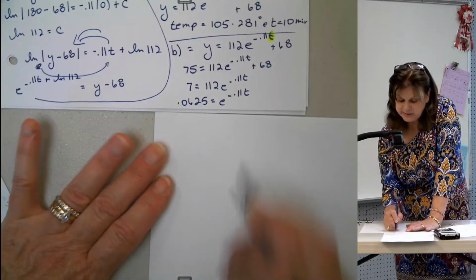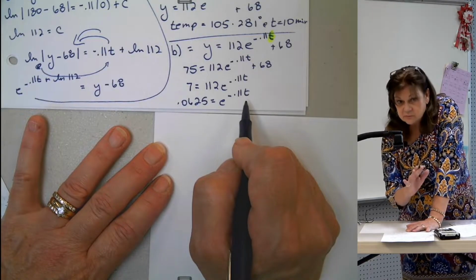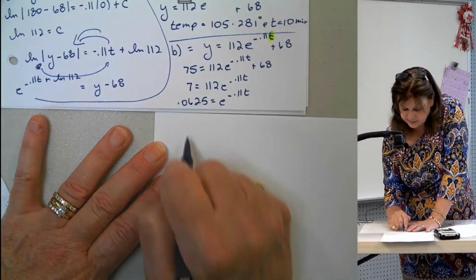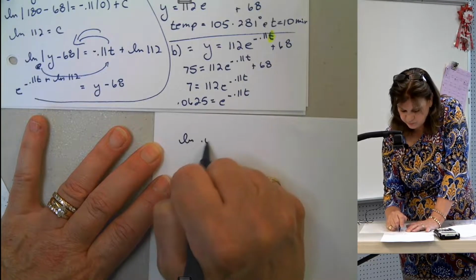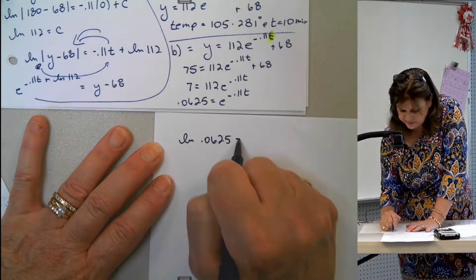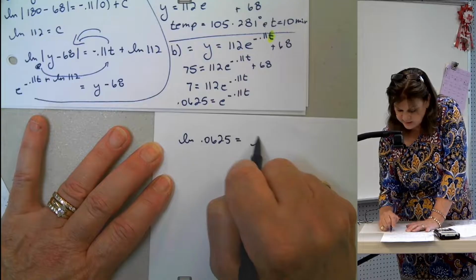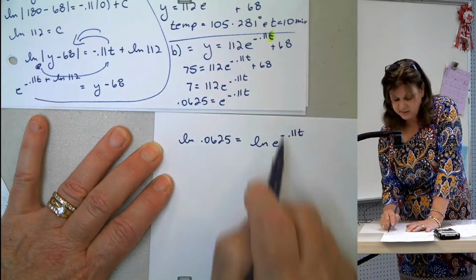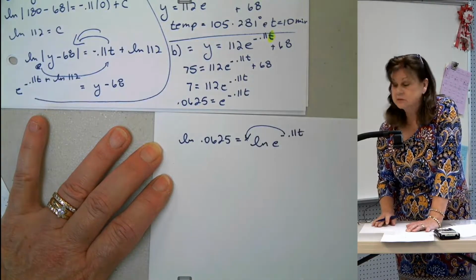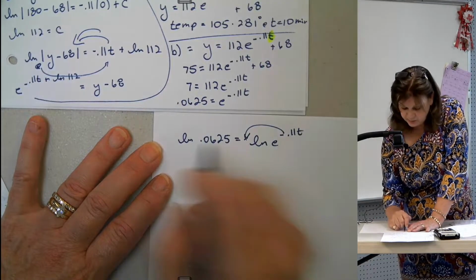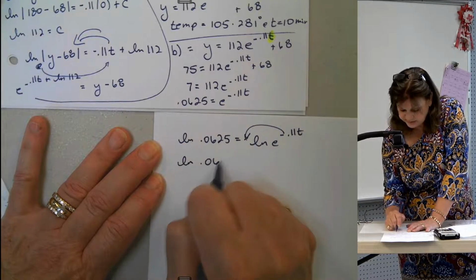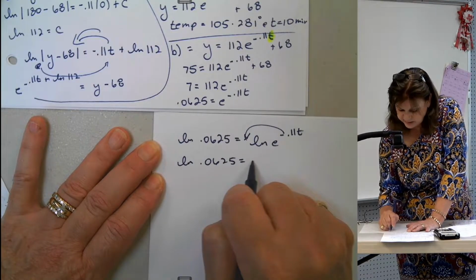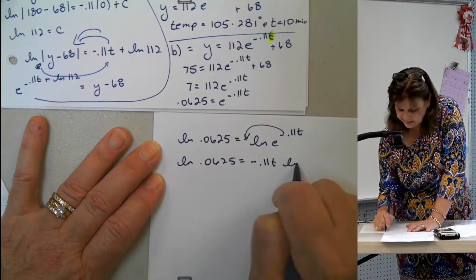Now we need to get this variable out of the exponent. Remember, we're going to take the log of both sides. So ln 0.0625 is ln e to the negative 0.11t. Doing that allows you to move this exponent to the front, by the laws of logs. So ln 0.0625 is negative 0.11t times ln e.